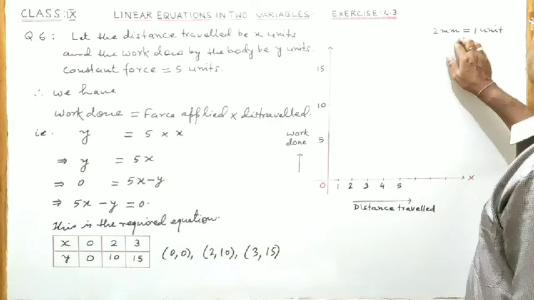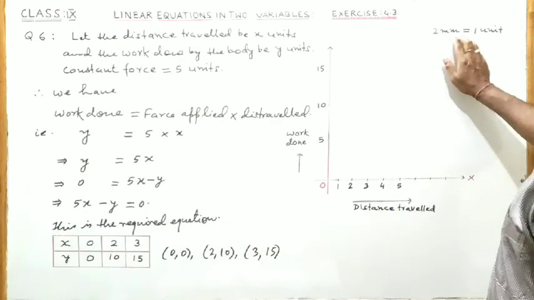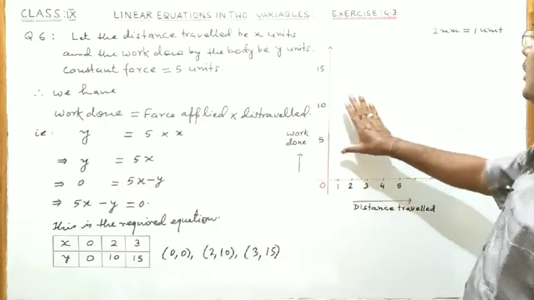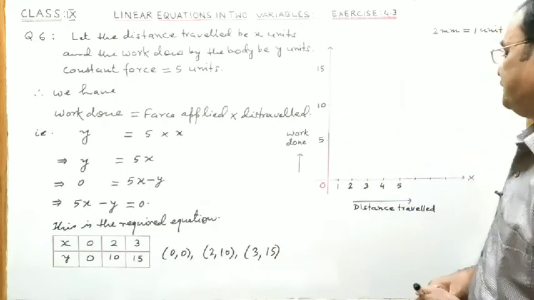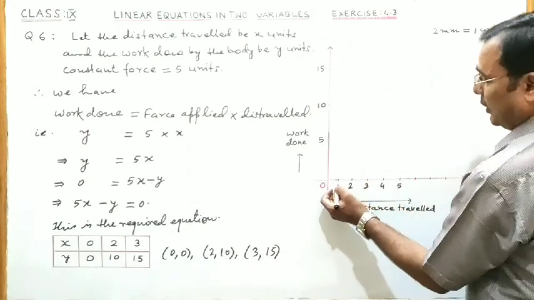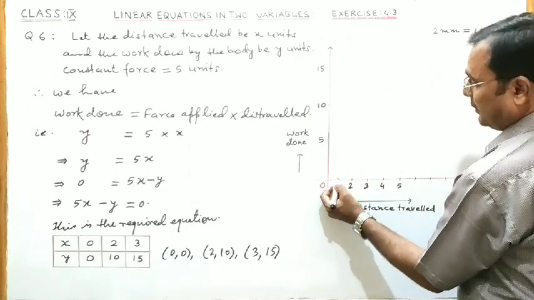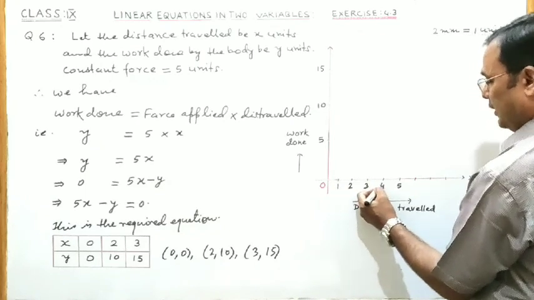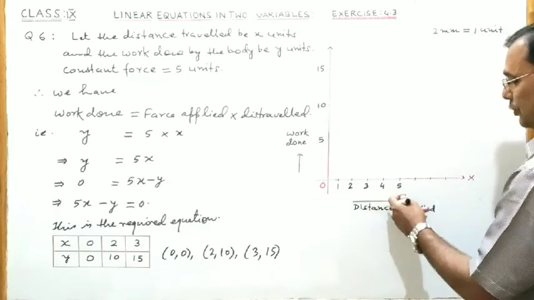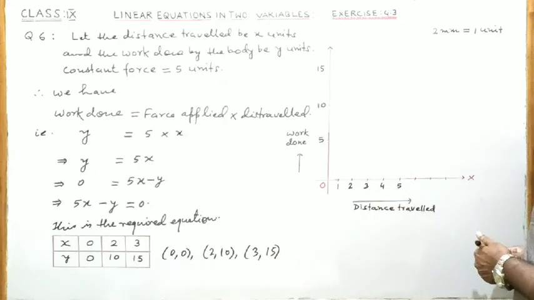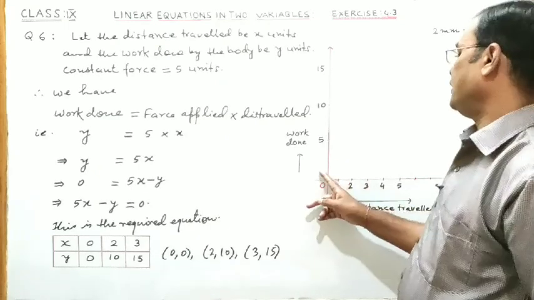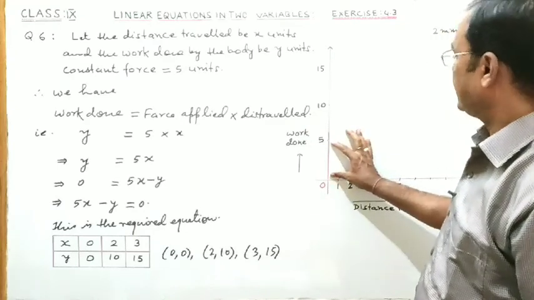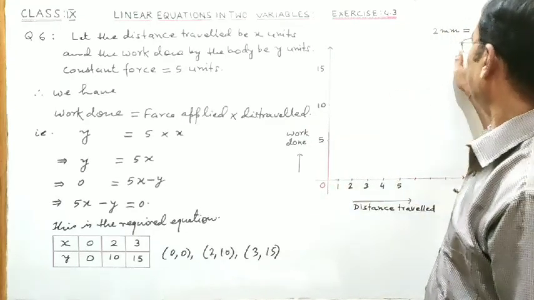So we have taken here 2 millimeter equal to 1 unit on x-axis and also on y-axis, and we have written on x-axis after every 2 millimeter number 1, 2, 3, 4, 5 which denote the distances travelled by the body, and on y-axis we have taken a scale 2 millimeter equal to 10 unit.